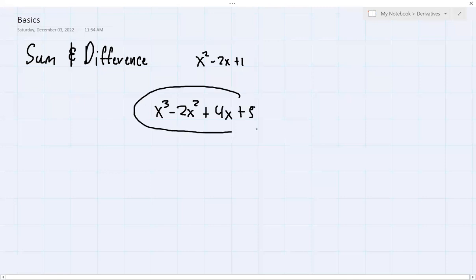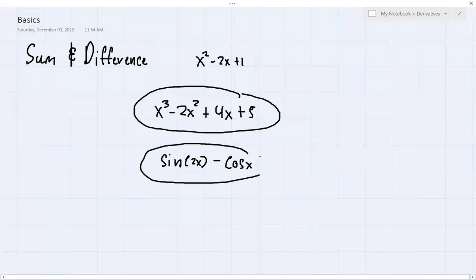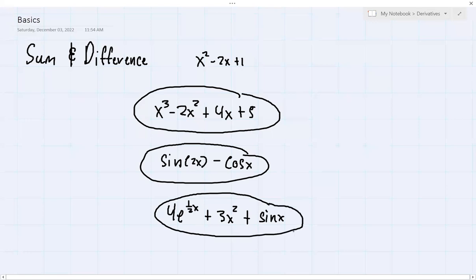How are you going to get the derivative of this one as a whole? Second, meron tayong sine of 2x minus cosine x. Ano ang derivative nilang dalawa? Lastly, what is the derivative of 4e raised to 1 half x plus 3x squared plus sine x? So how are you going to get the derivative for this one?